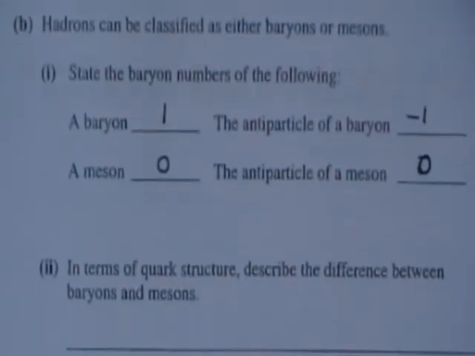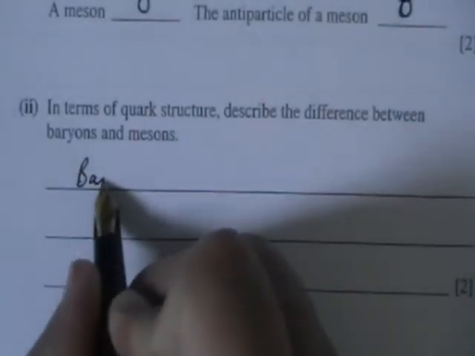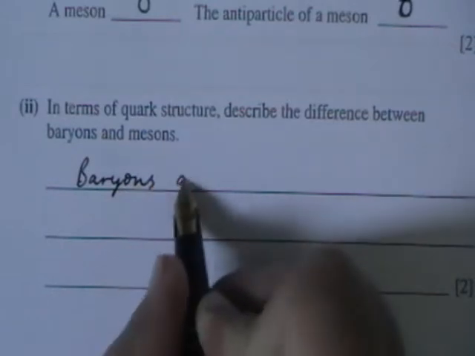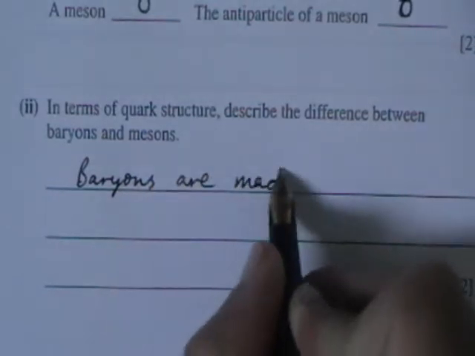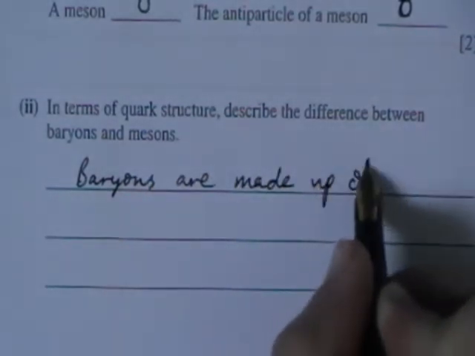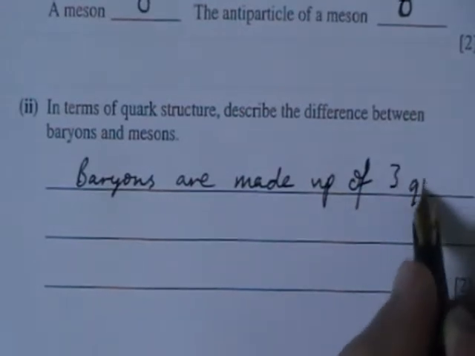And then the final question in this particular paper, 2005, asked, in terms of quark structure, describe the difference between baryons and mesons. Well, we have to go back to the quark structure, and baryons are made up of 3 quarks, sometimes referred to as a quark triplet.